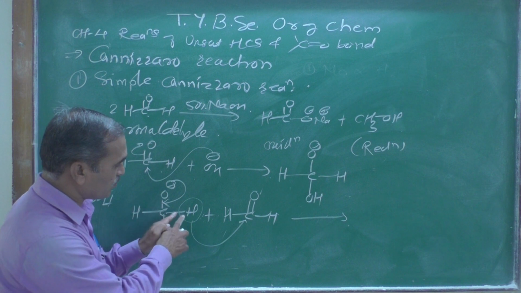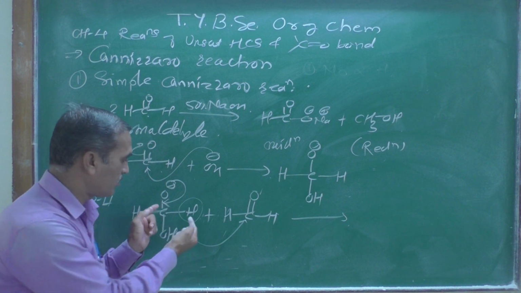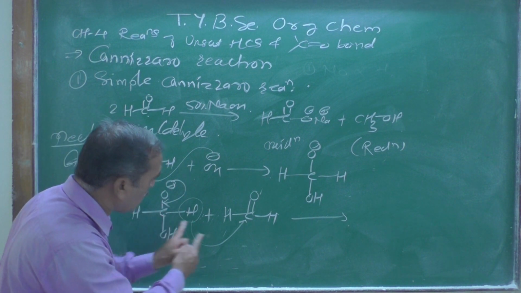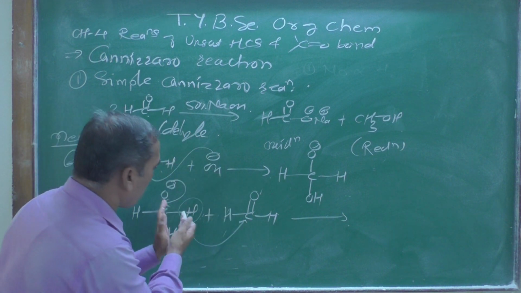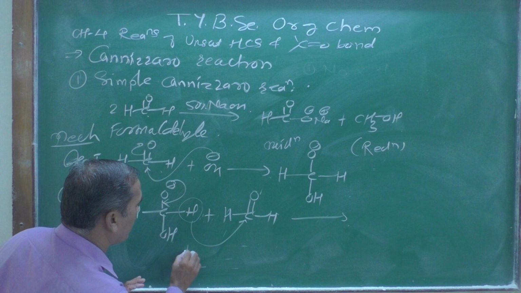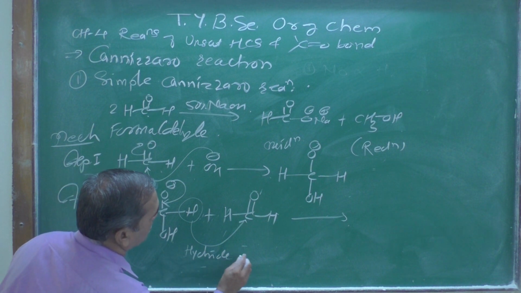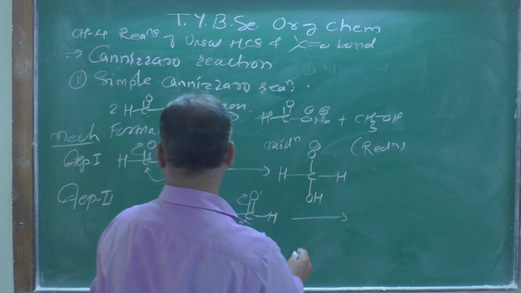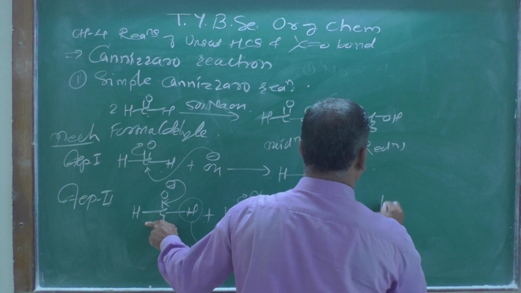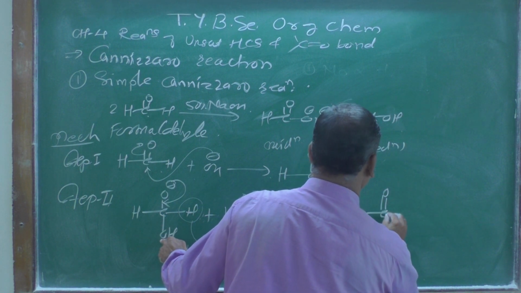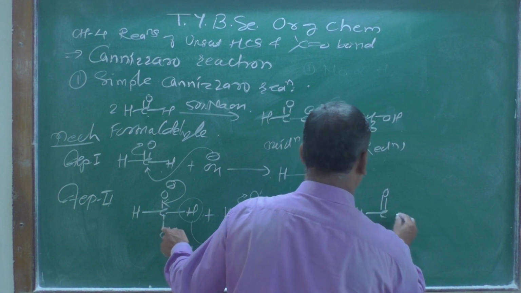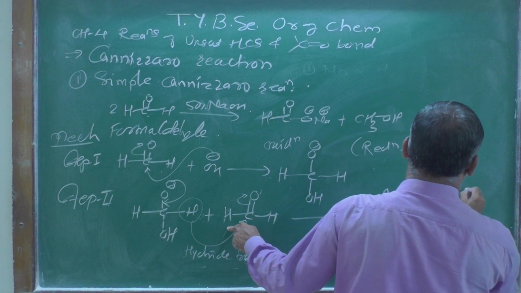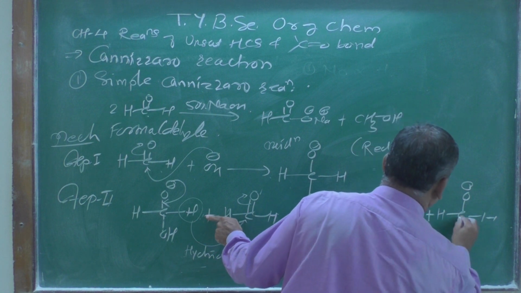When this hydrogen goes from here to here, and as we know a bond is nothing but sharing of electrons, when it goes it takes both electrons along with it, and therefore this is called a hydride transfer. And when you get here, this one H, then C=O, then OH, and plus here is H, C, O minus, and one H is coming from here, right?